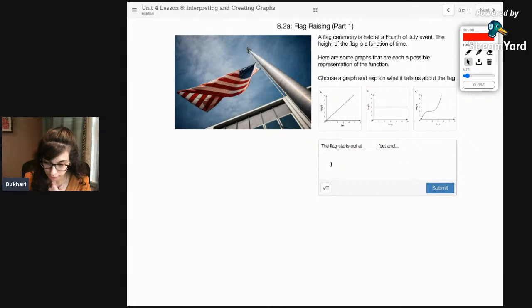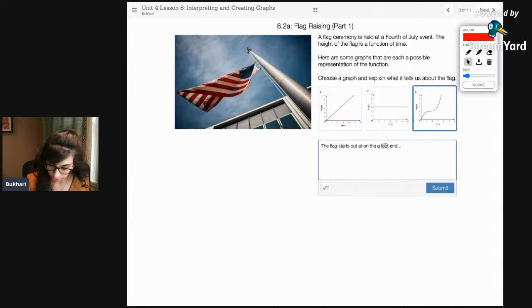If I was looking at graph C, I know that the flag starts off on the ground, or at 0 feet. Thinking about what we talked about with rate of change last lesson, it gets pulled up quickly, right?